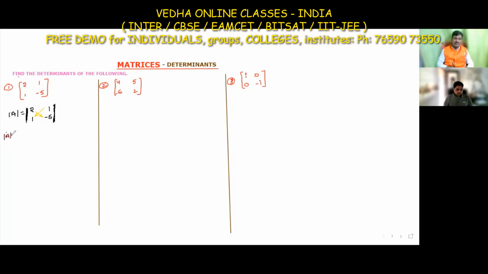Determinant of A is equal to, if A, B, C, D are the elements, then we multiply these two, that means A into D, minus multiply these two, B into C, and subtract. So this is the formula for finding the determinant.